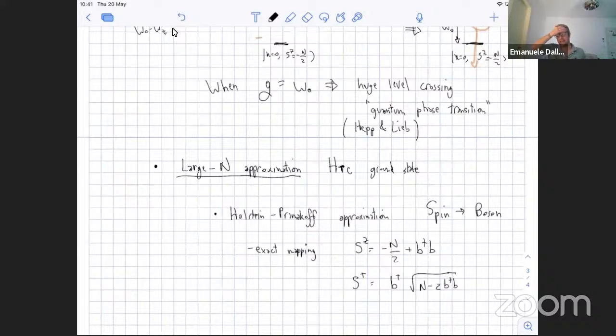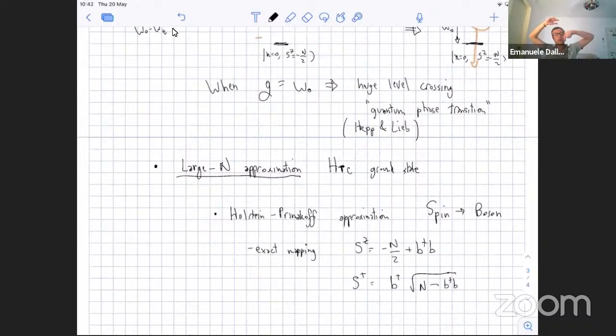This term basically causes that if you are already in the n over 2 state, no, wait a second, this is incorrect. It should be n minus b dagger b. So what this factor does for you is that once you reach the state with n bosons, which is like the spin pointing up, you start from minus n over 2, and then you go up and up until you have added n bosons.